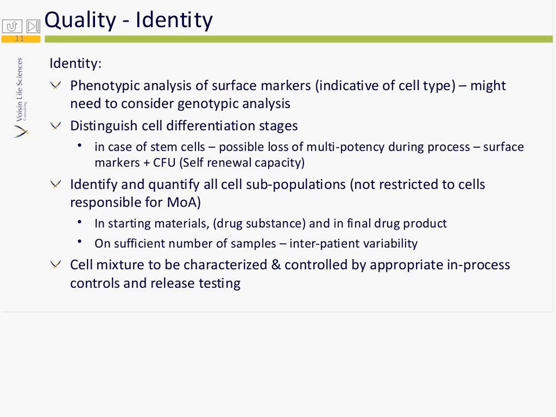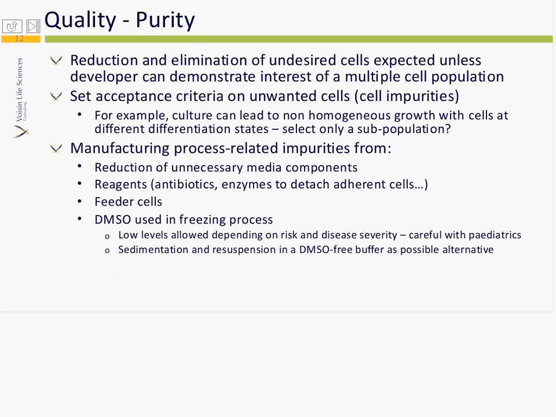So I'm going to speed up because I'm taking up time. Just to focus in on those, the identity of the product, as I mentioned, is quite important, and it's necessary to perform a phenotypic analysis of the product according to surface markers of the cells, for example. I'm going to move through these quickly. Again, you will have these available. Purity, I've already mentioned. There could be a reduction or elimination of undesired cells in the product.